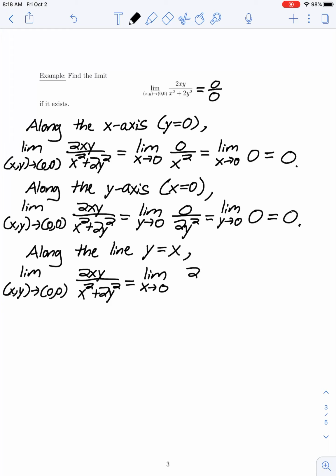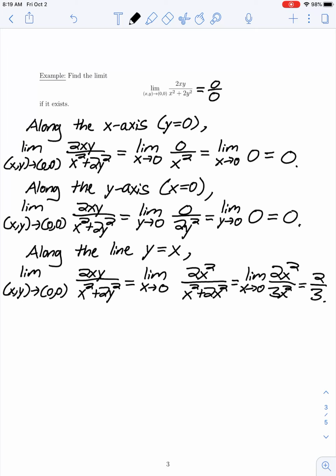So if I just substitute x in place of y throughout my function, I am left with the function only in terms of x. And if we're approaching the origin, we're going to let x approach 0. So we are left with the limit as x approaches 0 of 2x squared over 3x squared. And since x is non-zero, we can cancel the factor of x squared in the numerator and denominator. And we're left with the limit of the constant value 2/3, which is 2/3.